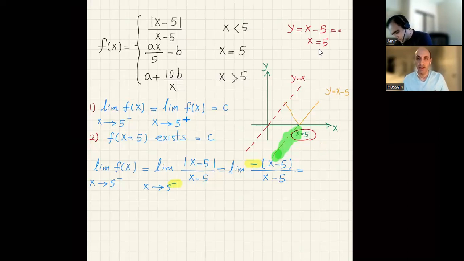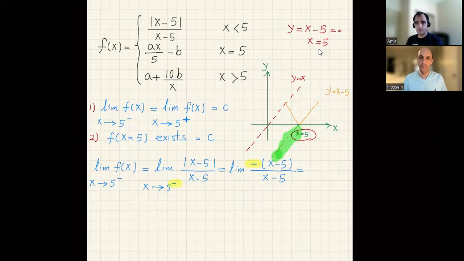Let's go back to the limit problem. Here you see we have this fraction, x minus 5 divided by x minus 5.